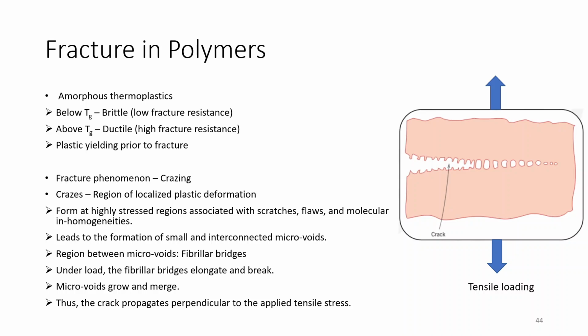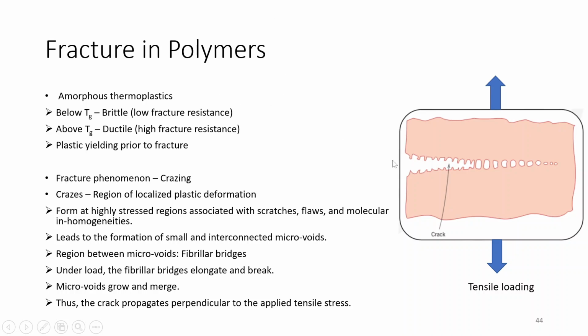A craze is a region of localized plastic deformation. It forms at highly stressed regions associated with scratches, flaws, and molecular inhomogeneities, and it leads to the formation of small and interconnected microvoids. The region between microvoids is known as fibrillar bridges, and under load these fibrillar bridges elongate and break.